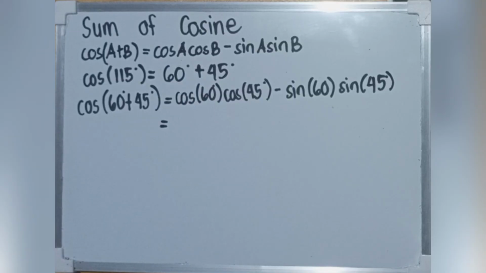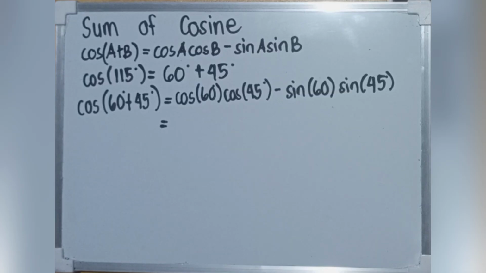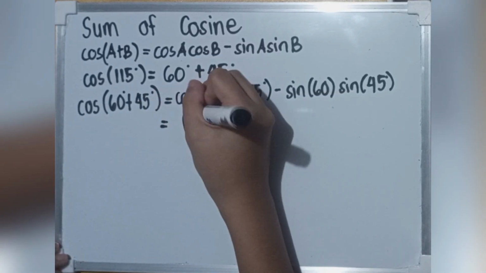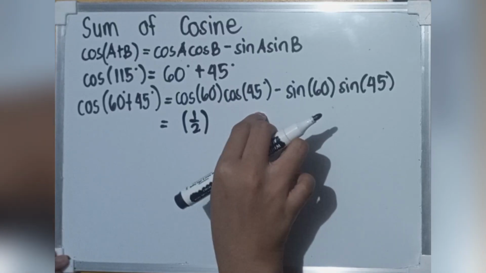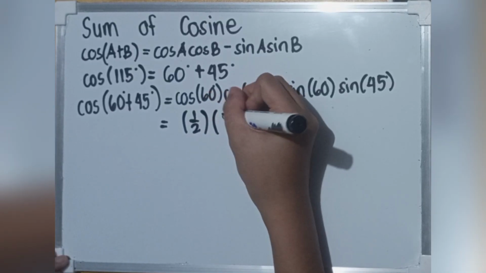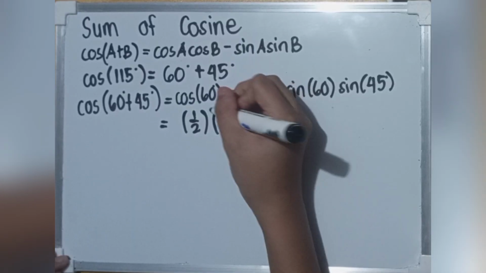Next, we're going to find their value at the special triangle. So cosine 60 degrees was equivalent to 1/2, and cosine 45 was equivalent to square root of 2 over 2.